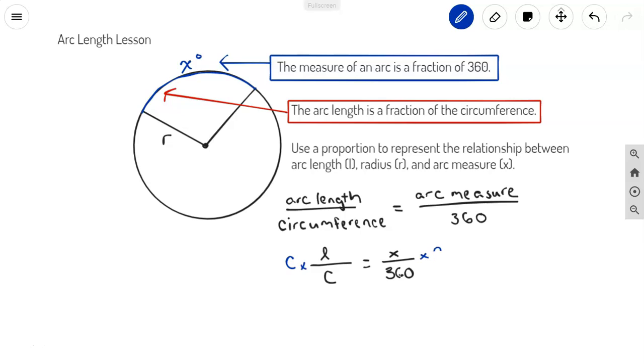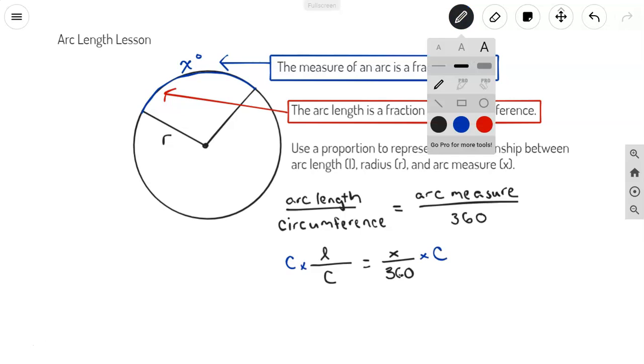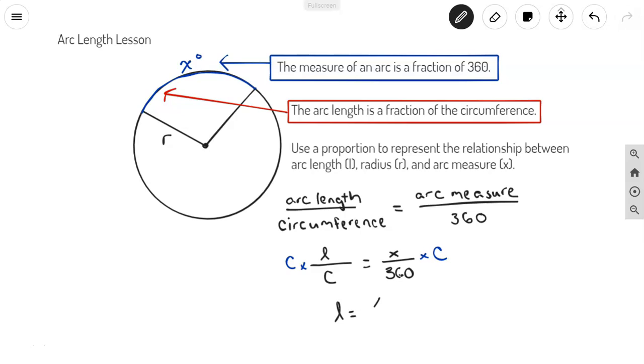To know what arc length equals, we simply get the L by itself by multiplying both sides by C. That gives us the degree divided by 360 times circumference is our arc length.